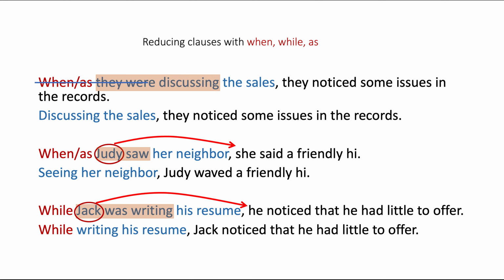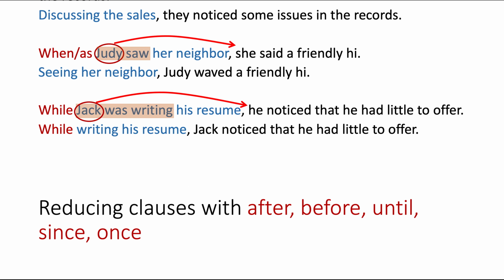If you remove it, it's not going to be easy for the listener to guess what the word was. So, "while writing his resume, Jack noticed that he had little to offer." Here, while emphasizes that the action of the main verb happened during a process, and that's why we keep while, and we want to emphasize that point.